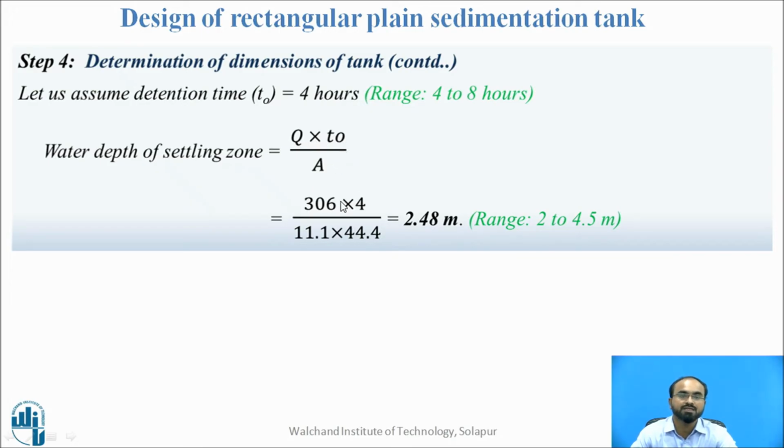So, just put it in the equation, that is 306 meter cube per hour multiplied by 4 hours divided by 11.1 into 44.4, which we calculated earlier. So, we are getting the value of 2.48 meter as the water depth, that is small h, which is always between 2 to 4.5 meters. As it is coming within the range, it is right.